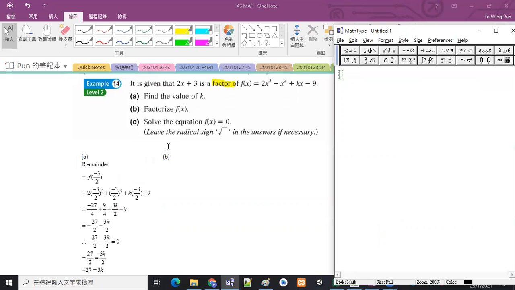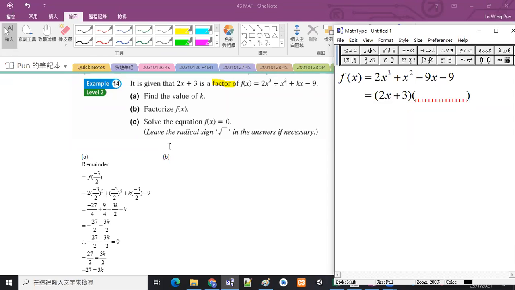So we just write down the complete information of f(x) first. It should be -9x minus 9, right? Because we have already found the first factor to be 2x plus 3, we can write down the long bracket here. It should be degree 2, right?